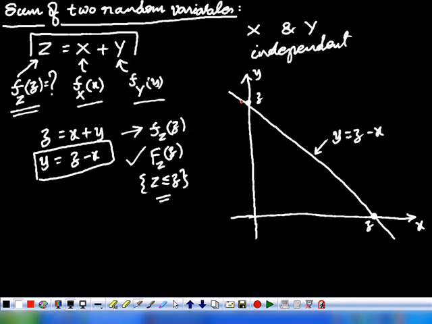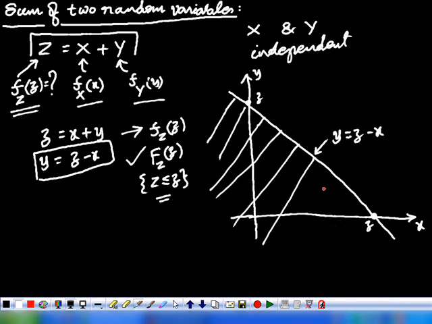So here, this straight line is equivalent to z. Everywhere, the point on this line is equivalent to z. Is it right? Z is equal to X plus Y. Therefore, if you take the event Z less than or equal to z, that is this entire region below this straight line, it corresponds to the event Z less than or equal to z.